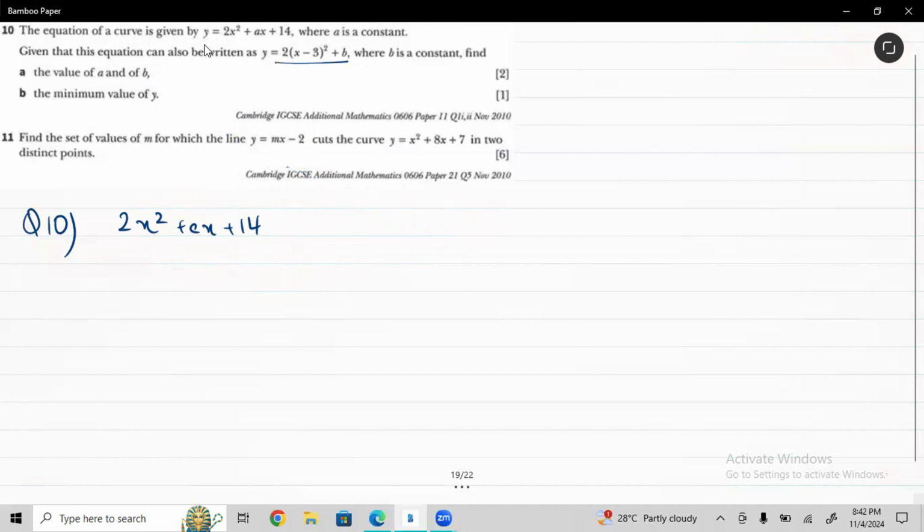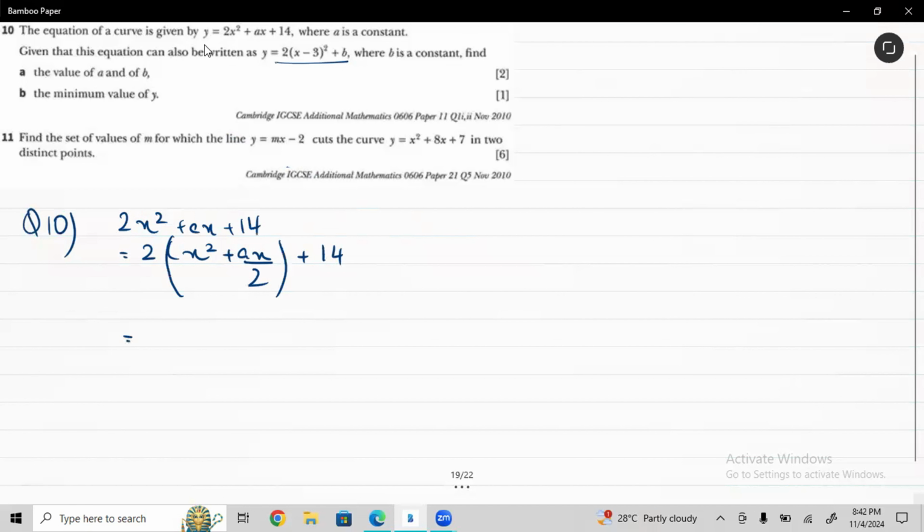We have done this in the previous exercises also, so it should not be as hard. What we preferably do is take 2 as common: 2 times x squared plus ax upon 2, plus 14. It's not necessary to factorize the common, so we are going to take it as a separate entity.